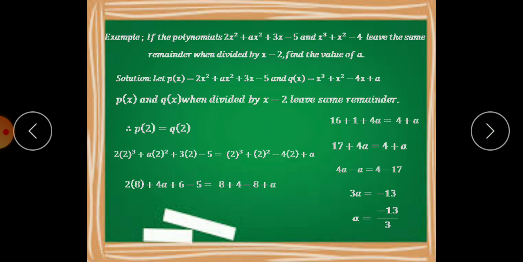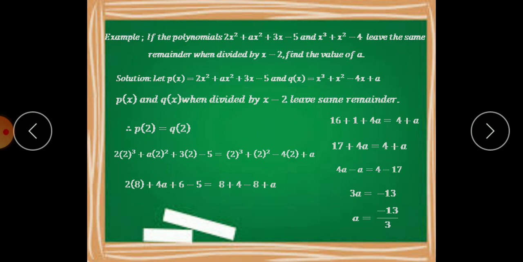It is a question from exercise 2.3, which is also given as an assignment. That means these two polynomials when divided by x minus 2 give the same remainder. That means in both the polynomials, when we replace the variable by 2, the remainders are equal.